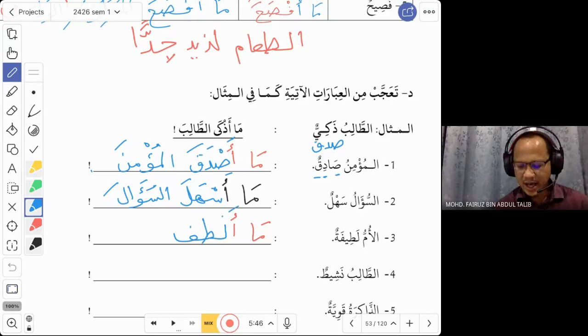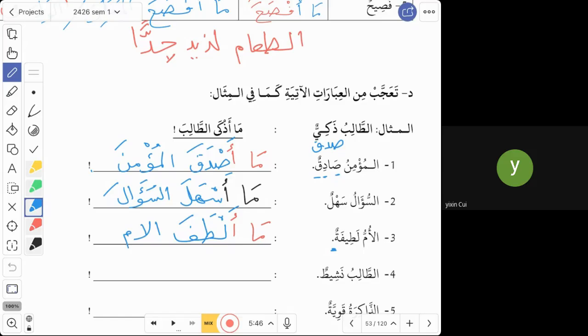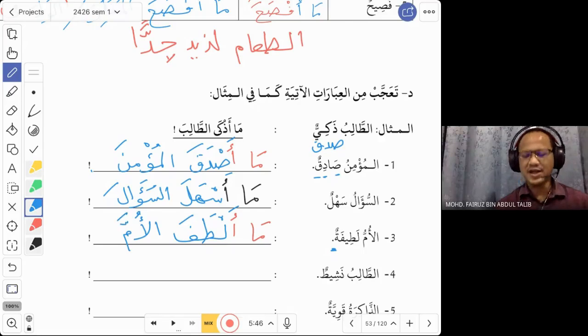Yes, correct. What about this ta? No need to add the ta. Ta is for muannas. So for this uslub ta'ajjub, we don't use the ta. We just use ma af'ala for all objects, muzakkar and muannas. We use the same pattern. Ma altafa. Okay, no need to add any ta. Ma altafal ummah.